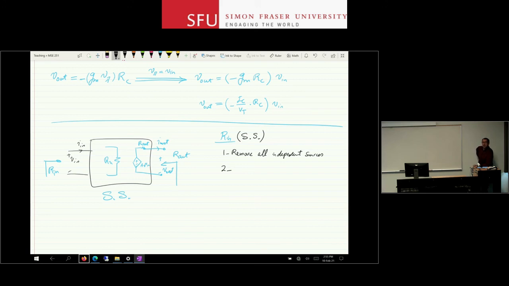We said that's okay, but another method that we used is that you attached a test source to the circuit. It could be a voltage or current source. If you're using a voltage source, you find the current drawn from the source.